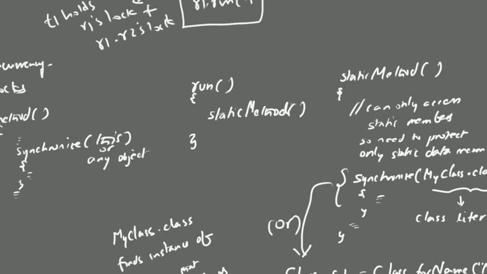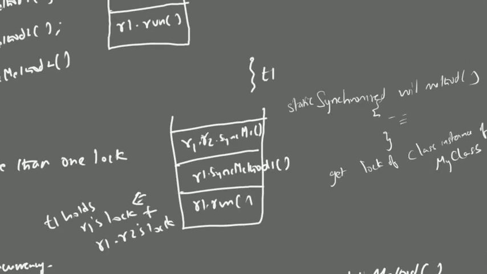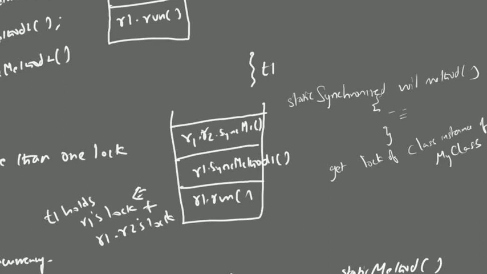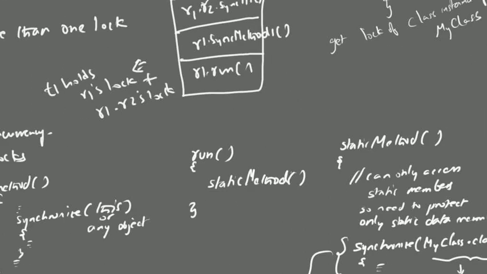So the only necessity here is to protect the static data members, but not the instance data members. When you have a static synchronized block, the thread gets the lock of the class instance of my class, the class which implements this method.